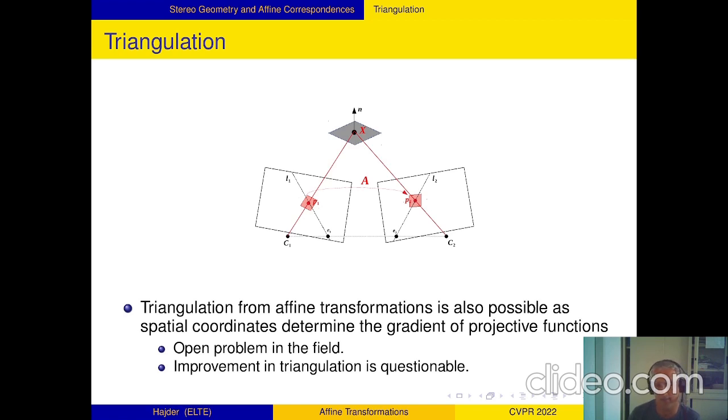Okay, the improvement is questionable, but we believe that the accuracy can be improved, especially for special cases, for example for forward motion or for standard stereo when the pose of the camera is not arbitrary.